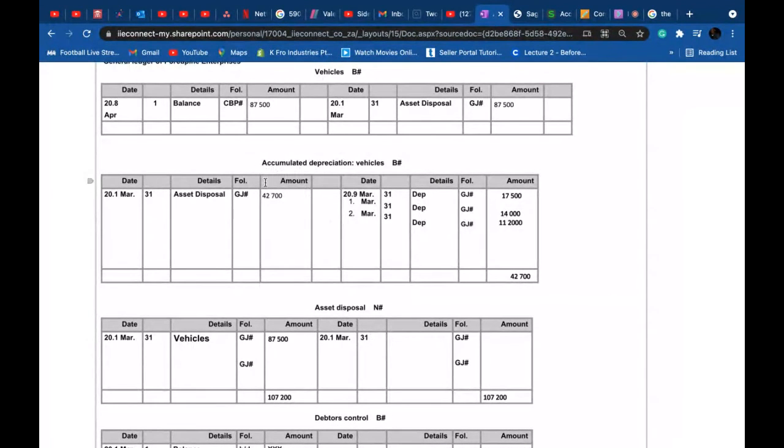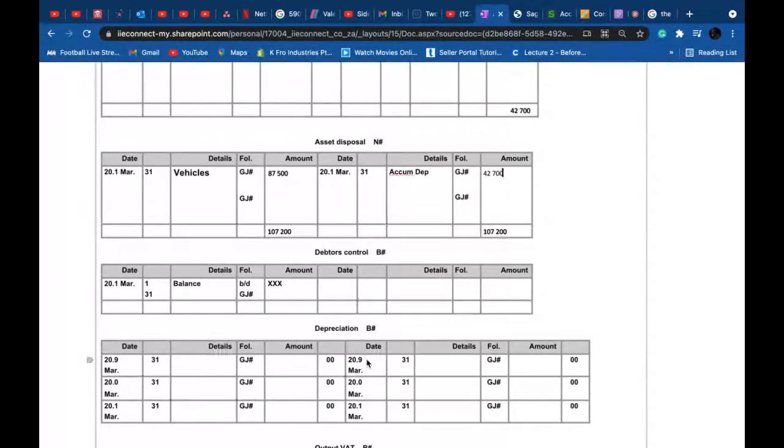In step 2, we debited accumulated depreciation with asset disposal. So here we're going to say accumulated depreciation, and that was the 42,700. Then step number 3, what's happening in step number 3? We're recording the disposal of the asset, and here we know that we now have a debtor.